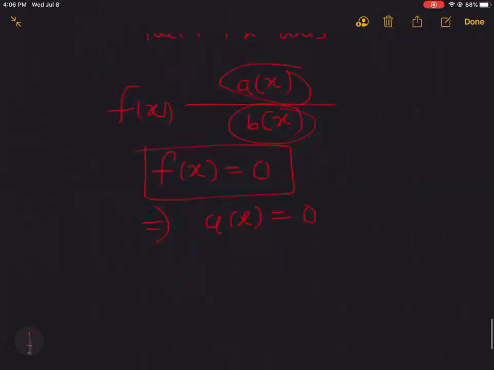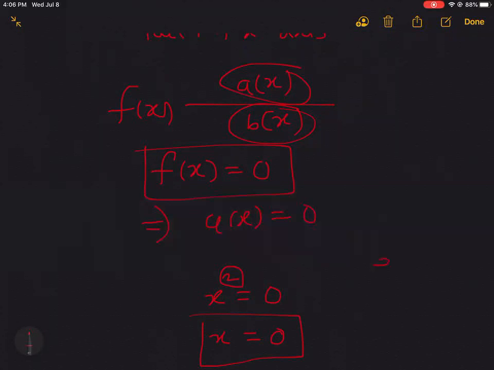So for this problem, we had x squared equals 0, right? If we solve it for x, it will give us x equals 0. And then we'll need to look at the multiplicity, right? And for this one, we have even multiplicity, right?